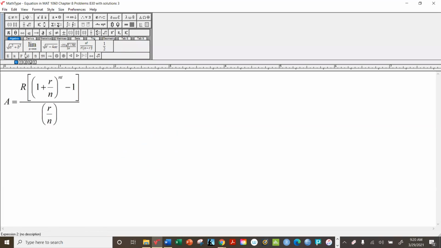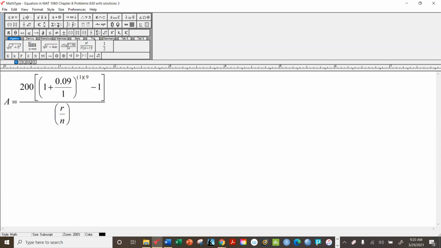So we'll plug in the numbers. Remember, we had a $200 payment. The interest rate is 0.09. It's annual compounding. And it's a 9-year investment. Down here we have 0.09 over 1. All right, so what can we do with this one? Well, this one simplifies pretty nicely. 200 times 1 in parentheses, or brackets, I guess.